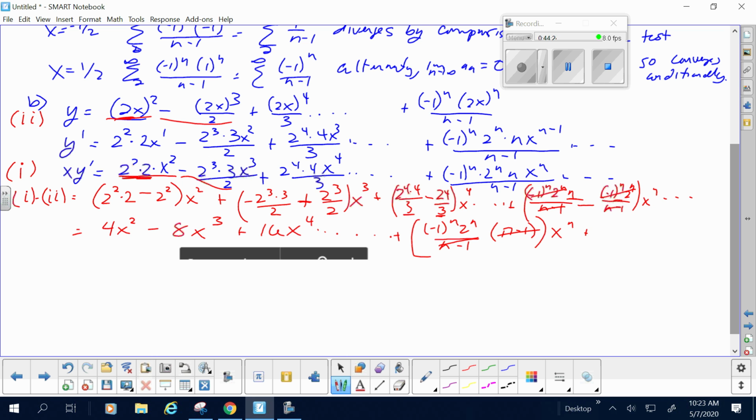All right. Cool. Now, in order to try and build what we're getting to, let's factor out a 4x squared, and we'd have 1 minus 2x plus 4x squared, and so on. Now, dang it, because I'd taken out a 4x squared, now x to the n's not gonna match.